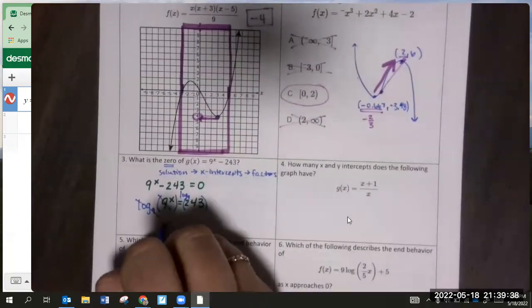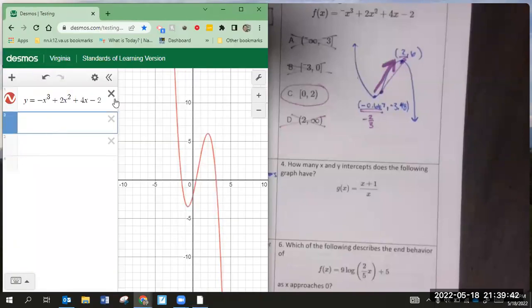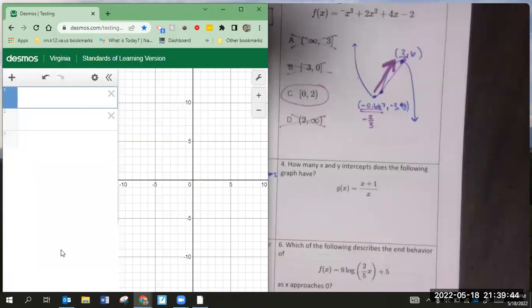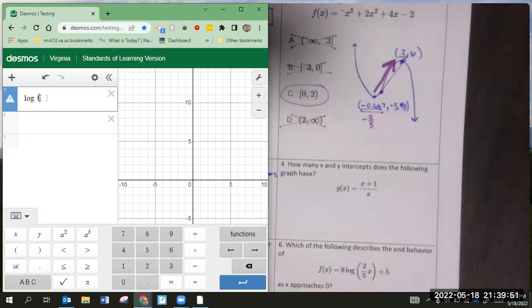I'm left with an x, and I'm going to come to Desmos, and I'm going to go to functions, miscellaneous, log with the little a, so I can type in my base 9 of 243.